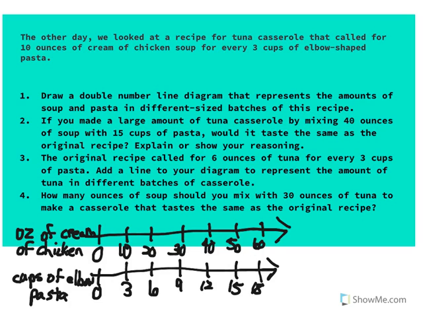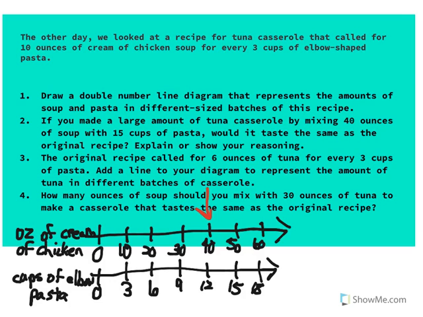Well, if we look at 40 ounces of cream of chicken, right below it you have 12 cups of pasta. So would they taste the same? No, because 12 and 15 are not the same numbers. You would actually have more pasta than what you needed for that recipe.